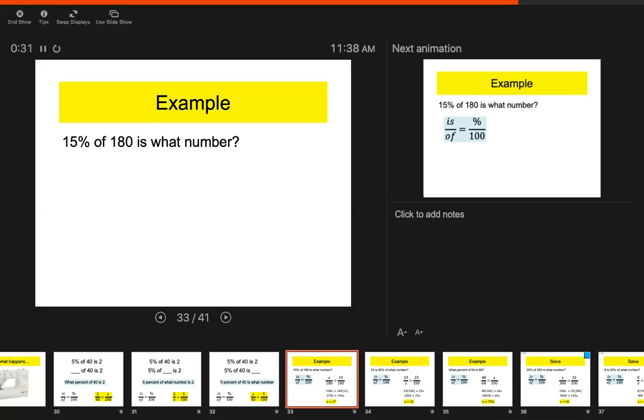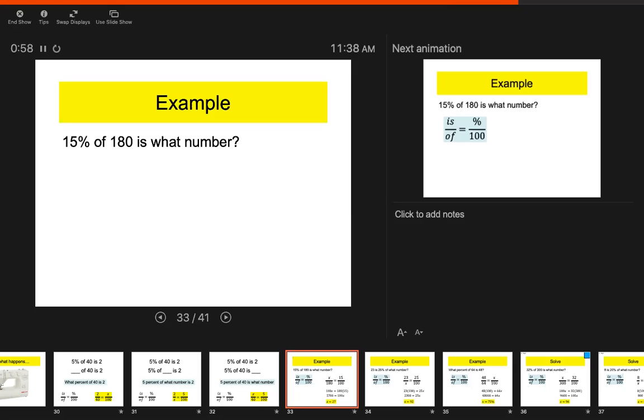Does 180 go with the is or does it go with the of? It goes with of. It says 15% of 180. Yeah. So I'm just going to warn you, for those of you who have weak language skills, you get this wrong every time. The rest of us are like, well, I don't understand why you don't understand it's of.